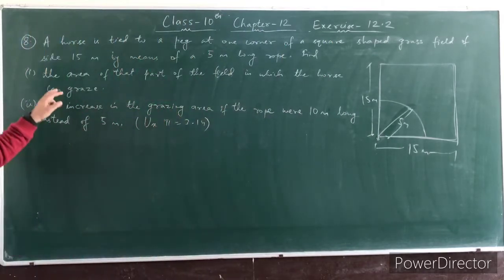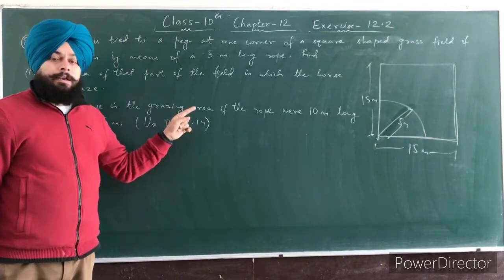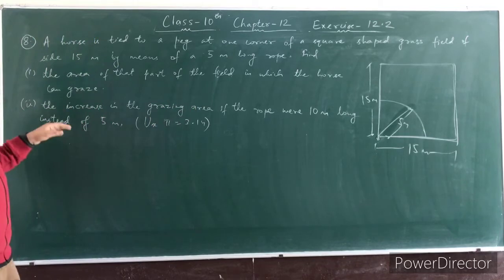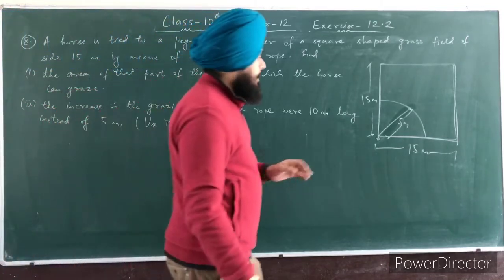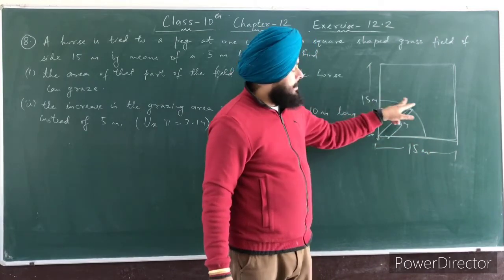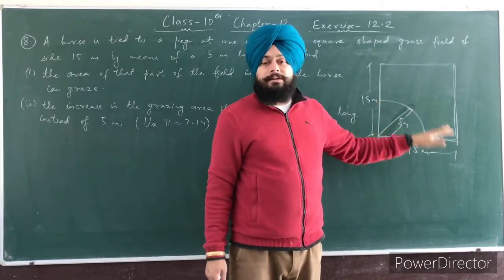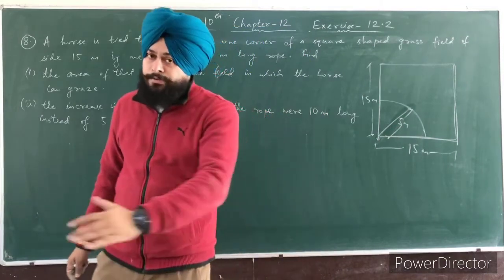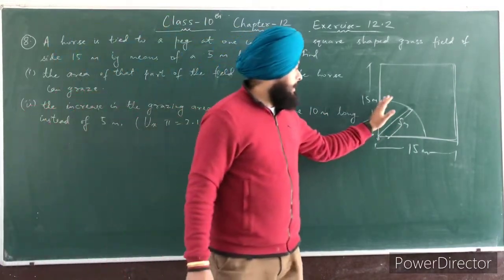So we have to find the area of that part of the field in which the horse can graze. When the horse grazes in the square field, it can cover the area of a sector. So we can find the area of the sector.